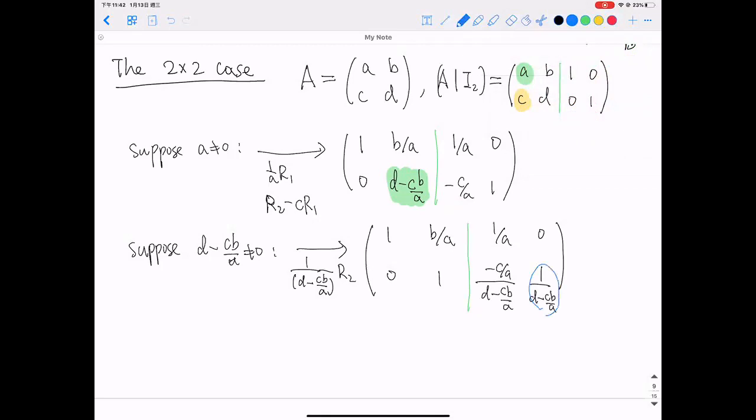So first of all, this entry is also written as A divided by AD minus BC. Right? You just multiply both the top and the bottom by A.